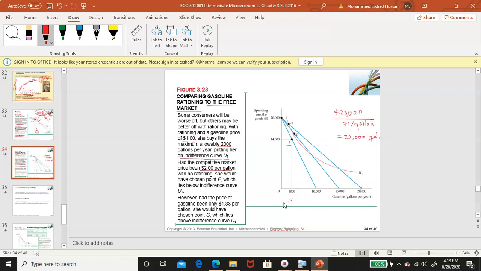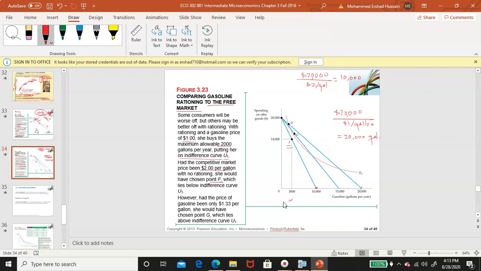But now we are saying that a free market price of gasoline is $2 per gallon. Now she can only buy 10,000 gallons with all his money, which is here, and therefore, with no rationing, she would have chosen point F, which lies below the indifference curve U1.